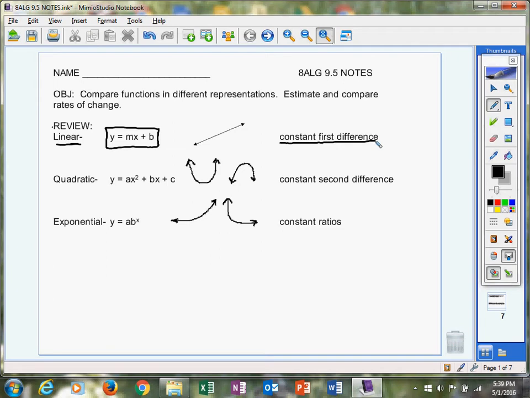Remember quadratic, this is the basic formula. It looks like a parabola on the graph, and I'm looking for a constant second difference. Exponential, here's the basic formula. I need the starting amount and the growth or decay ratio there. And then this is what it looks like on a graph, and it's got constant ratios. So all of these things are things that we have to remember when we do this section.